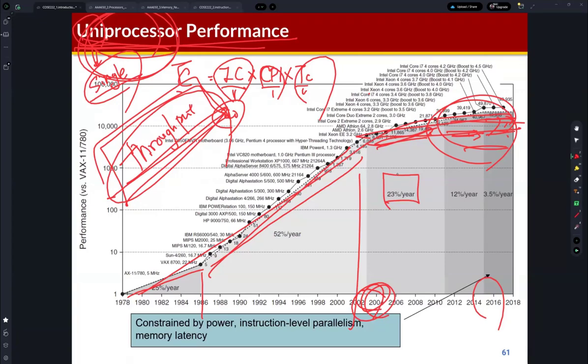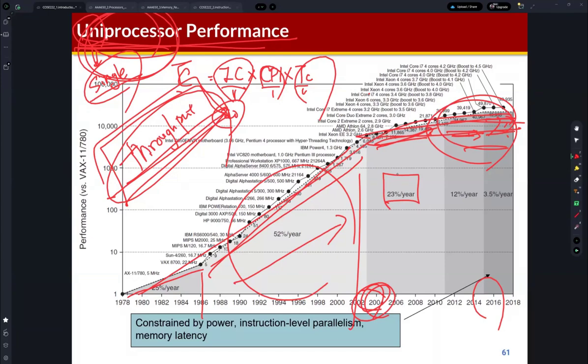This chart shows the performance of the single core processor, and I mentioned that for this period we were able to increase the performance of a CPU dramatically and exponentially. Why?